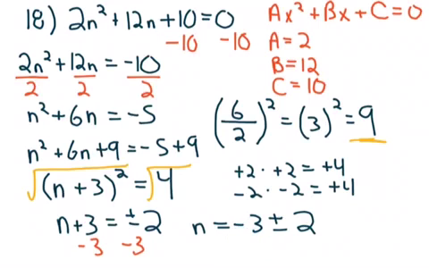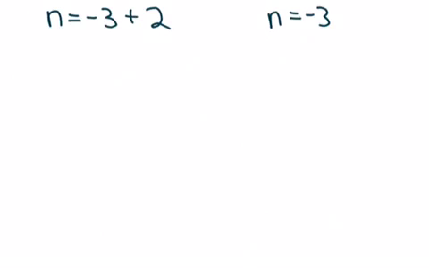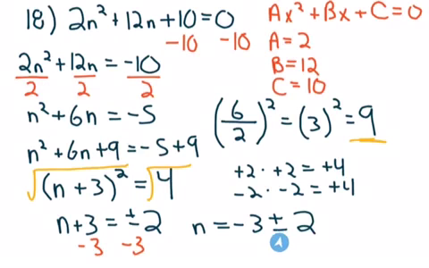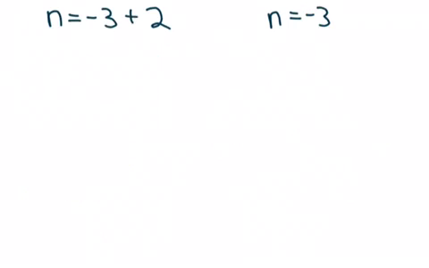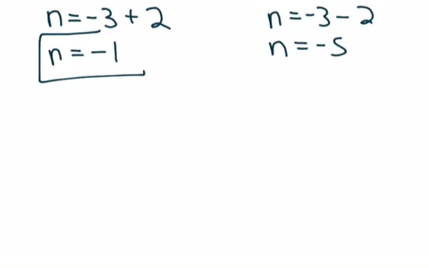This is negative 3. So negative 3, we keep the negative 3 here. But now we're going to subtract 2. And we get n is equal to negative 3 plus 2, which is negative 1. And over here on the other side, we get negative 3 minus 2, which is n is equal to negative 5. So those are our two solutions.